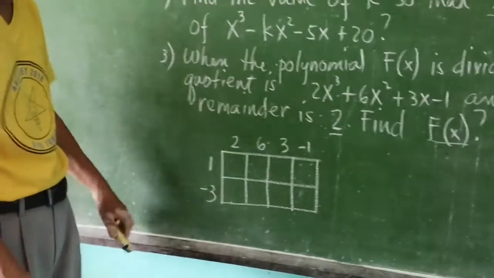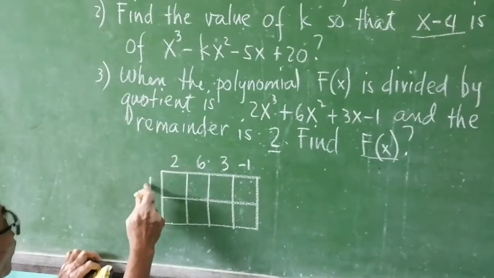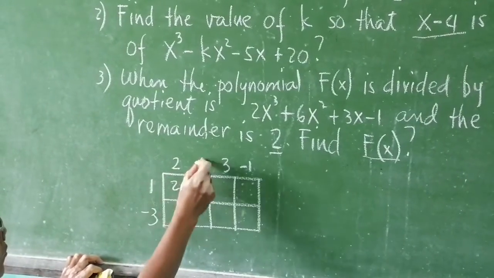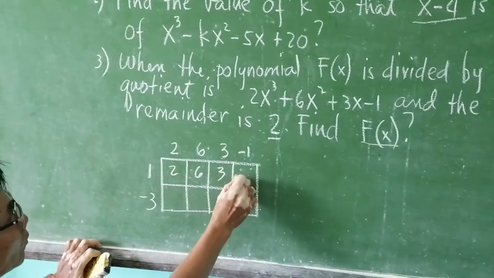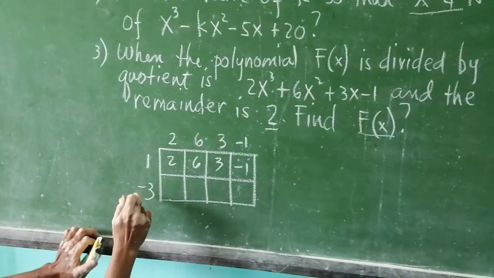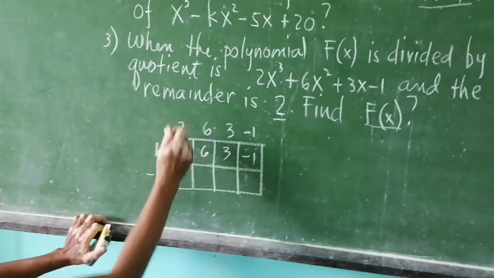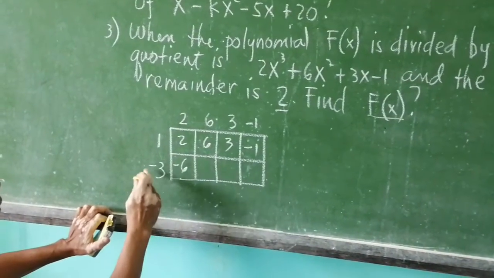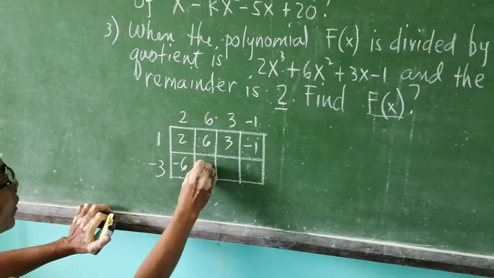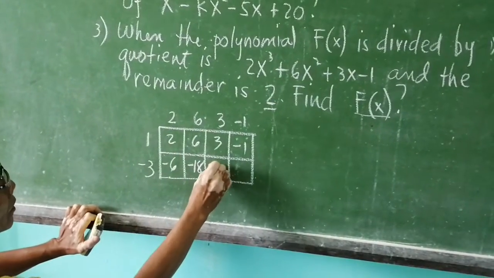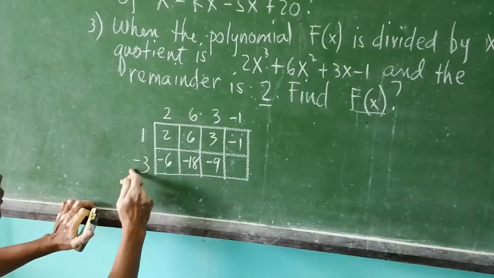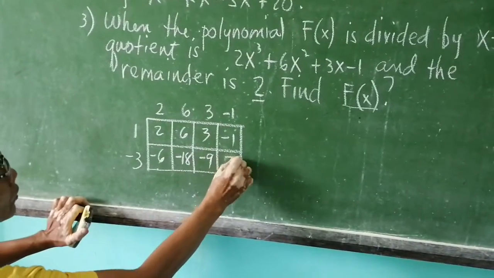What are we going to do? We just multiply. 1 times 2 is 2, 1 times 6 is 6, 1 times 3 is 3, 1 times negative 1 is negative 1. So negative 3 times 2 is negative 6, negative 3 times 6 is negative 18, negative 3 times 3 is negative 9, and negative 3 times negative 1 is 3.